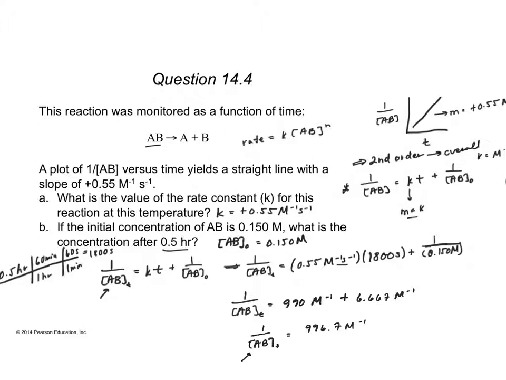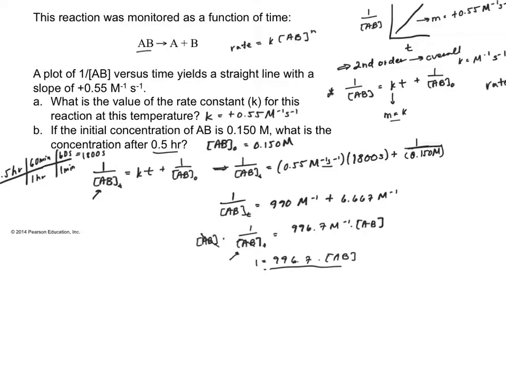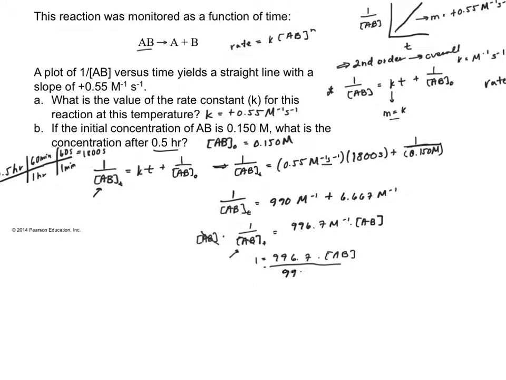I'd multiply both sides by AB, which would get rid of this, and I'd have 1 is equal to 996.7 times AB. Then to solve for AB, you would divide both sides by 996.7.